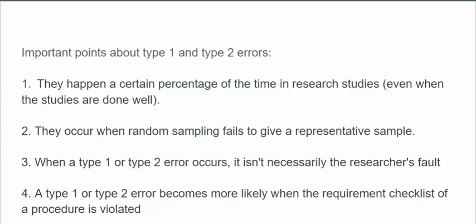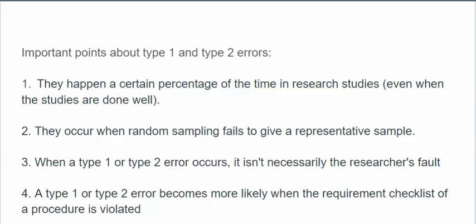It doesn't mean that the data collection was done poorly because, like I said, it can happen when random sampling simply fails to do its job. So random sampling does its job pretty well typically. It's pretty reliable at giving a good sample, but random sampling fails from time to time. And when it does fail, you get a type 1 or type 2 error.